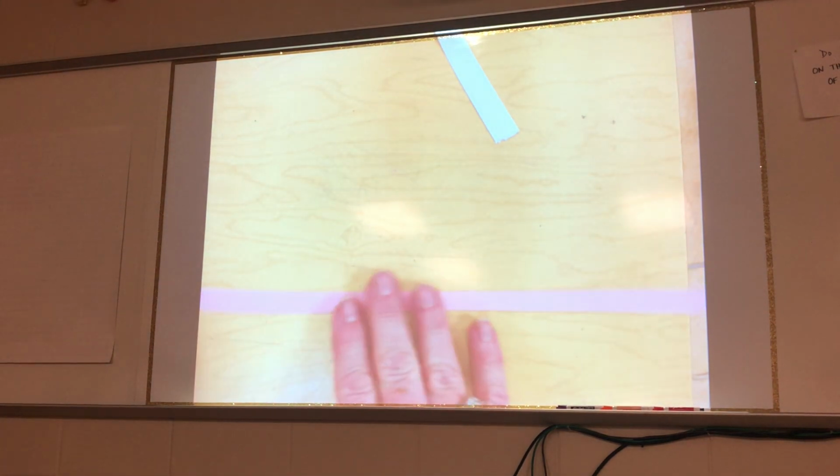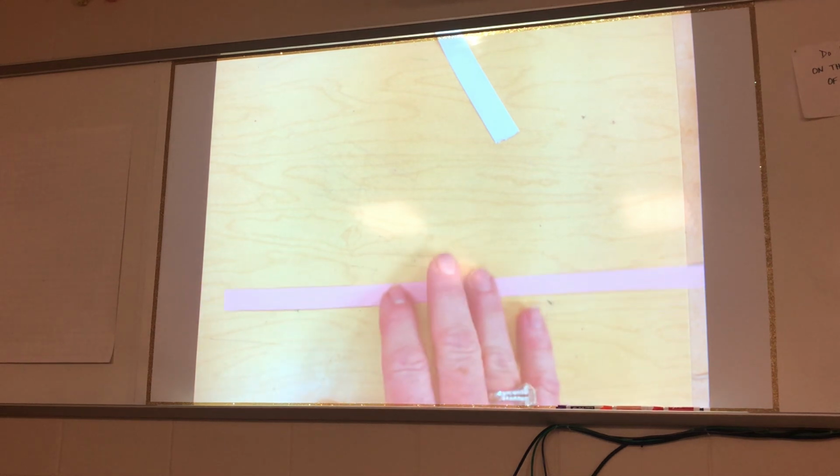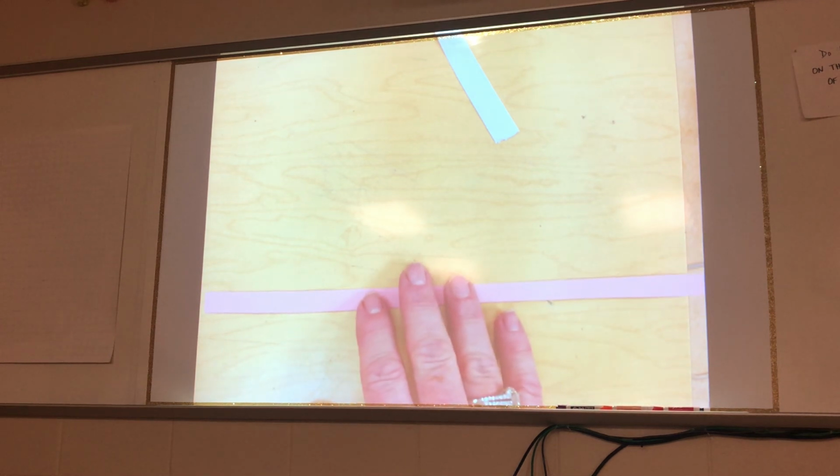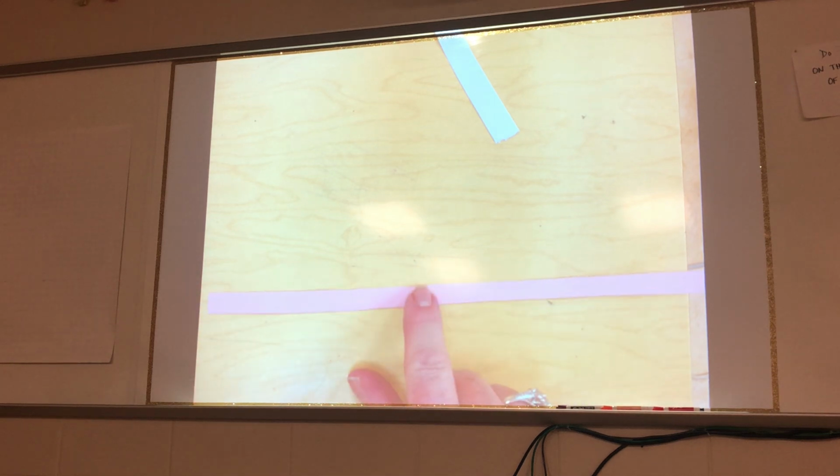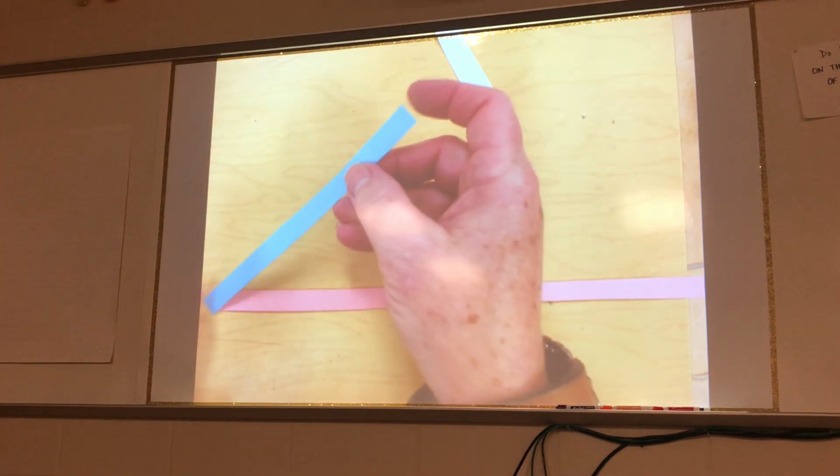First of all, there could be two things. You can have an acute angle or an obtuse, but we're only going to talk about the acute one. Take the pink piece of paper, and that's going to be the base of my triangle. Take the blue piece of paper and make an acute angle.